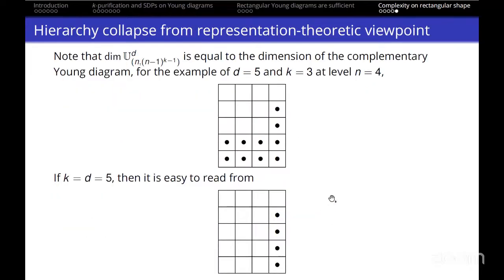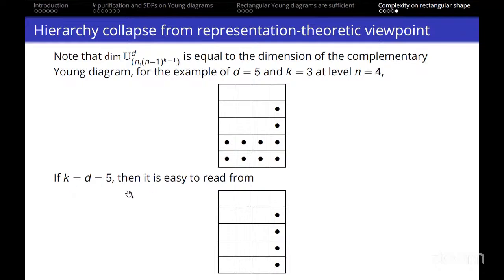And the last thing I want to mention is that this hierarchy collapse can be looked at from a pictorial, representation-theoretical viewpoint. Suppose you want to compute the dimension of U(D), you actually can look at the complementary Young diagram. In these cases, this is not the hierarchy collapse case, so you will have some non-trivial complementary Young diagram.